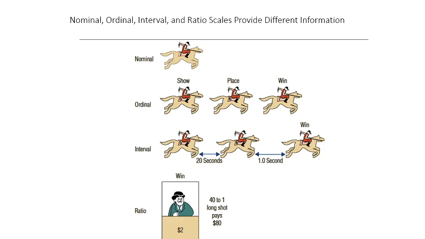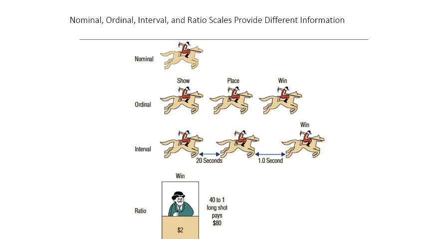So this is the interval between these 3 horses when they are running. And ratio is the absolute number. Let's suppose 40 to 1, long horse short pays $80. You are counting $80 whatsoever you say. So in the whole world these 4 scales are used to measure things.